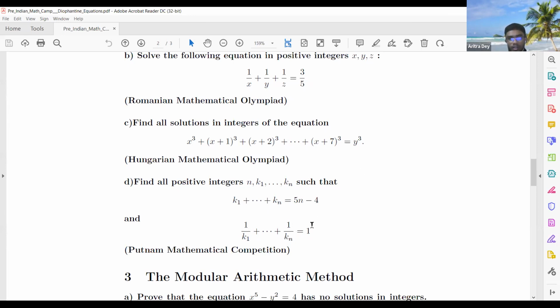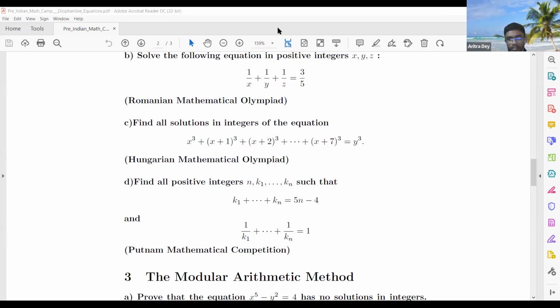Yes, it already has a look of AM-HM. So we can think about this particular question. Let's take it quickly. I will not waste much time on it.